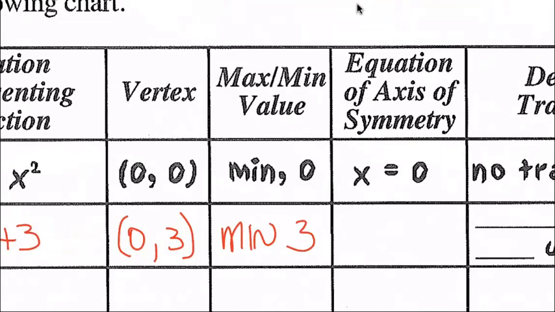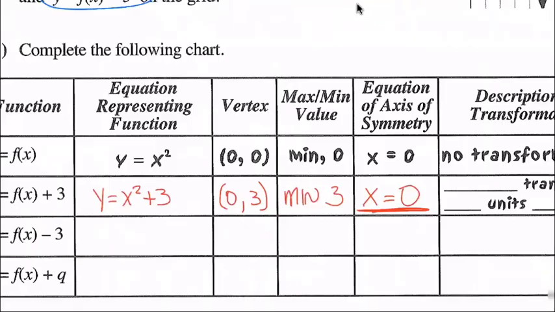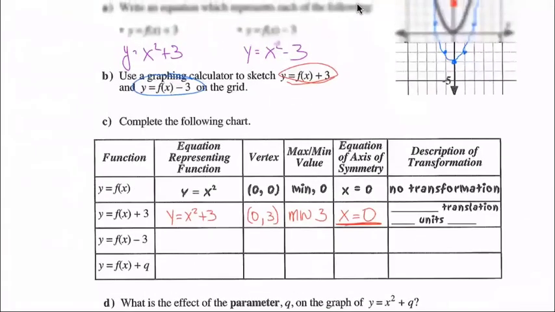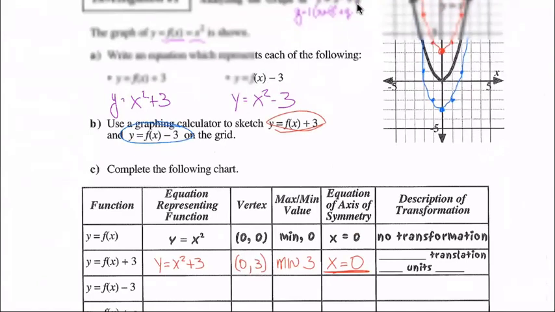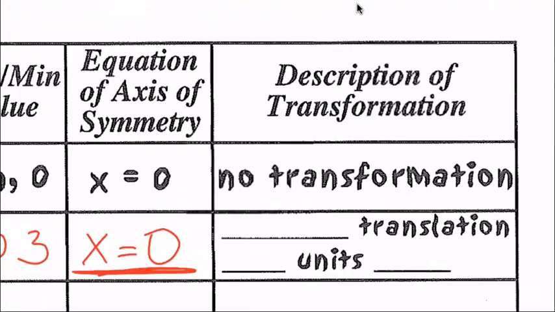Equation of the axis of symmetry, x equals the x value of our vertex. You always have to show the equation, x equals something, for the equation of the axis of symmetry. And then what happens to our red graph? It's called a vertical translation because it's moving up or down vertically, and it's moving 3 units up.